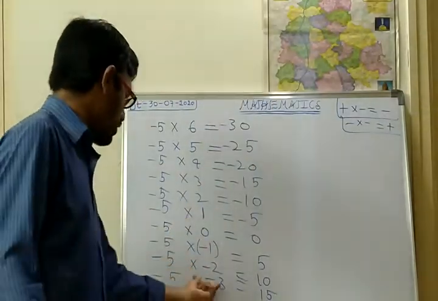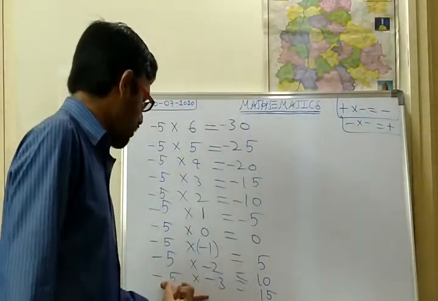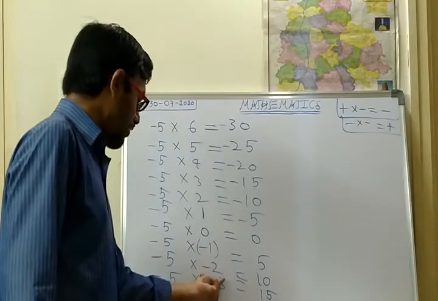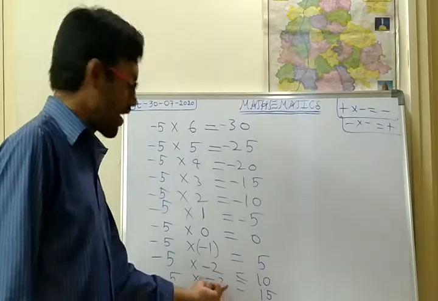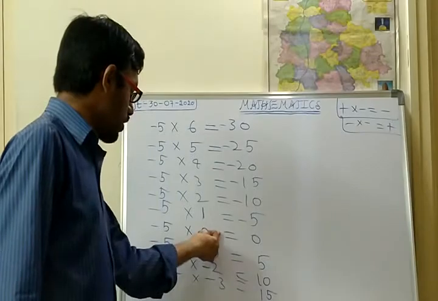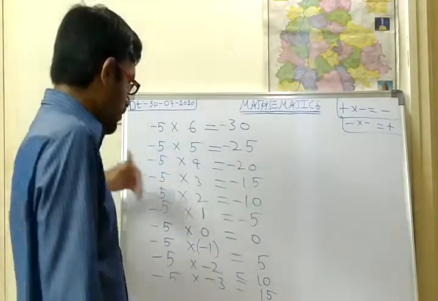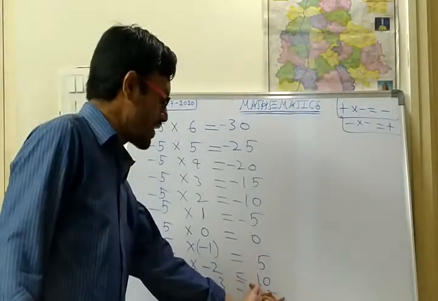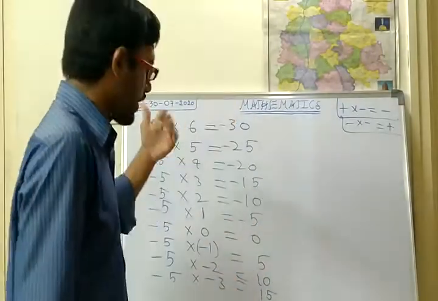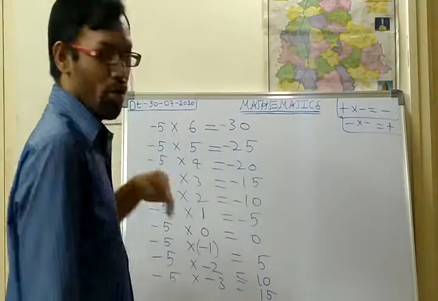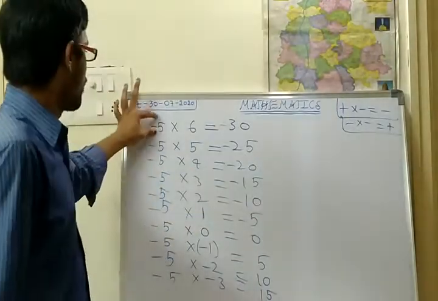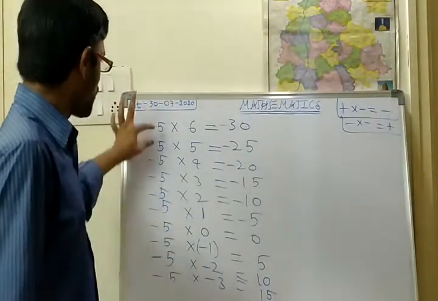So here also, in the product of two negative numbers, we are reducing the number: 0, minus 1, minus 2, minus 3, going to the left side. As we go to the left side, the result is getting increased. How many times was it increased?